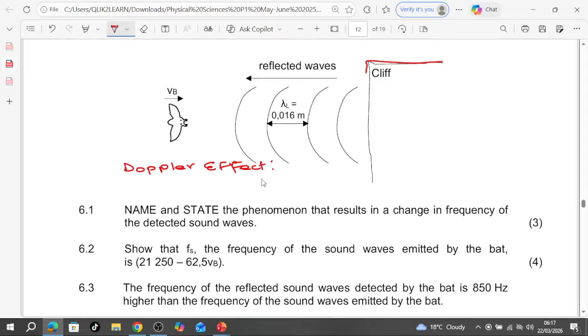And what is the definition of the Doppler effect? When you state it, it is the change in frequency.